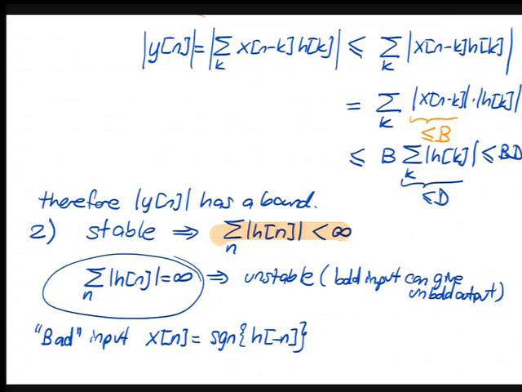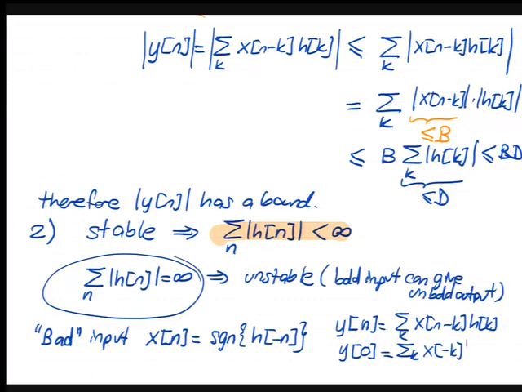Because if I choose it that way, y of n is basically a convolution, right? y of n is the sum over k of x of n minus k times h of k, right? In particular, y of 0, at time equal to 0, is going to be the sum over k. If I substitute little n equal to 0, I get x of negative k times h of k.